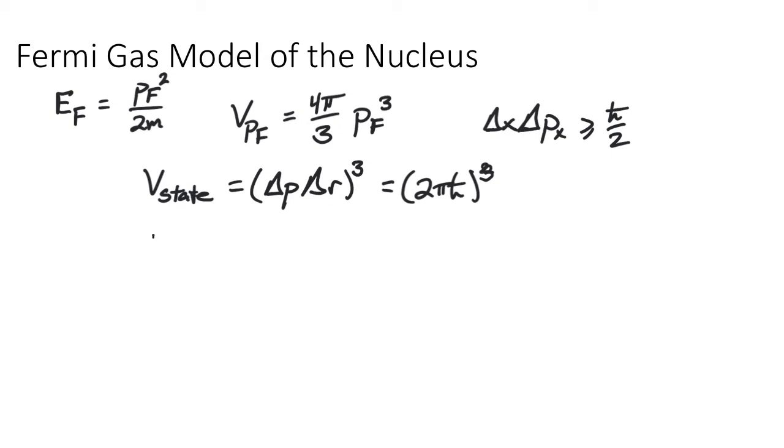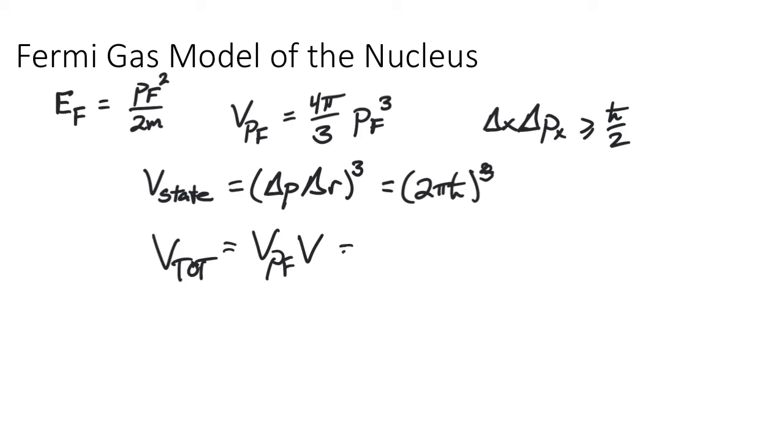And so we're going to say the V total is the volume in momentum space contained within the Fermi momentum, which we haven't determined yet, times the volume of the actual nucleus. The product of those two volumes is the phase space volume.